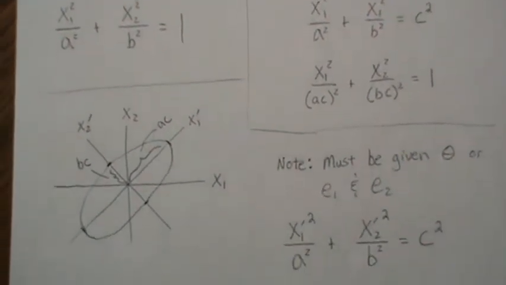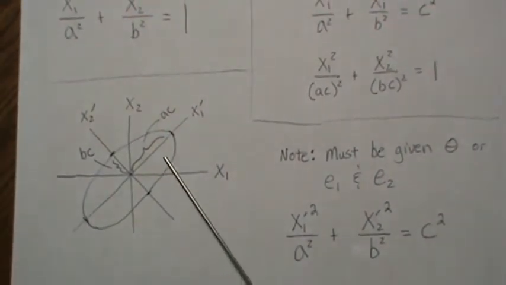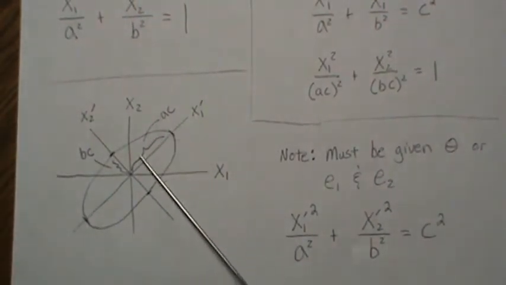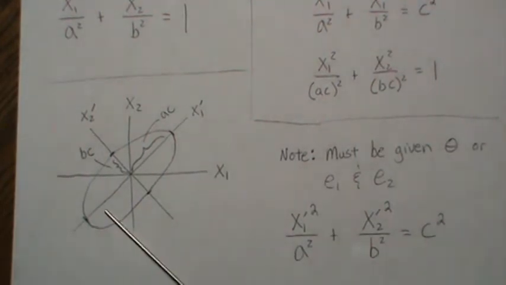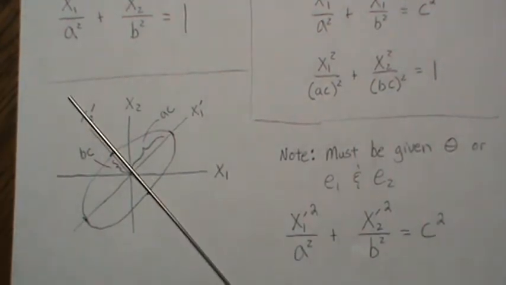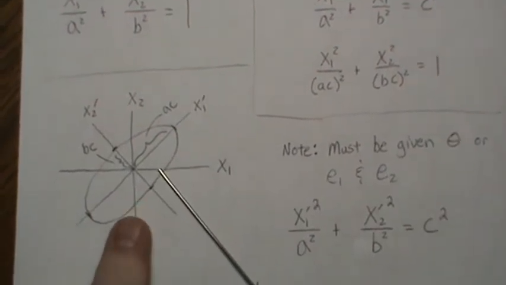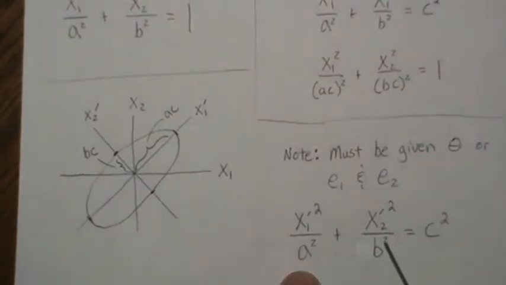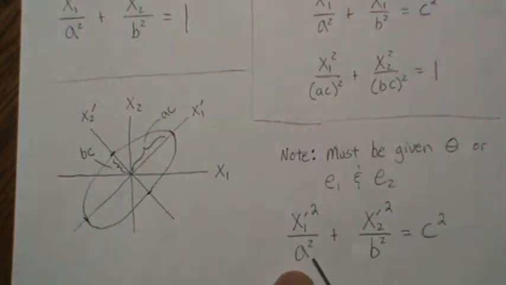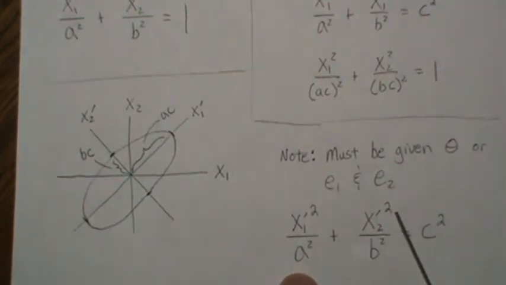Now, one more. Here's an ellipse in a rotated axis. So it's sort of along x1 prime and x2 prime, right? So the formula for this in the rotated axis is x1 prime squared over a squared plus x2 prime squared over b squared equals c squared.